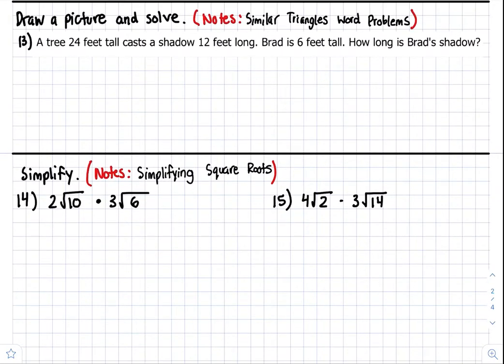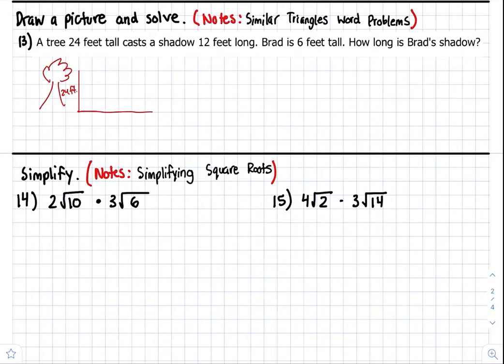Okay, 13. So this one, you guys gotta draw a figure and then make your triangles and then figure out what they're asking, right? So a tree is 24 feet tall.